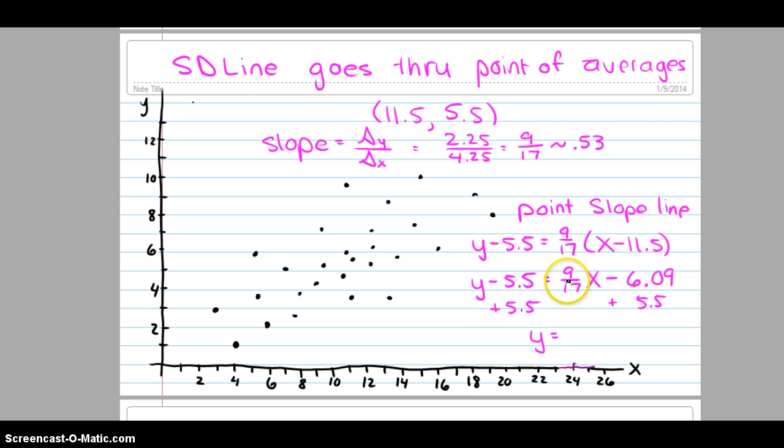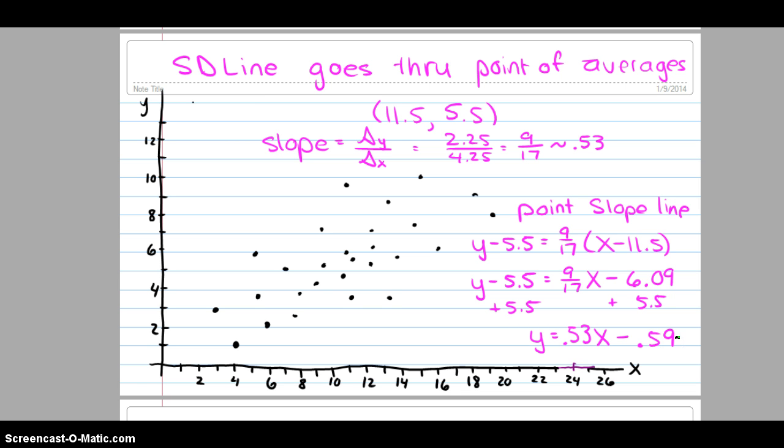And y is, here I might change that to a decimal and round to two decimal places, 0.53. That's my line equation.